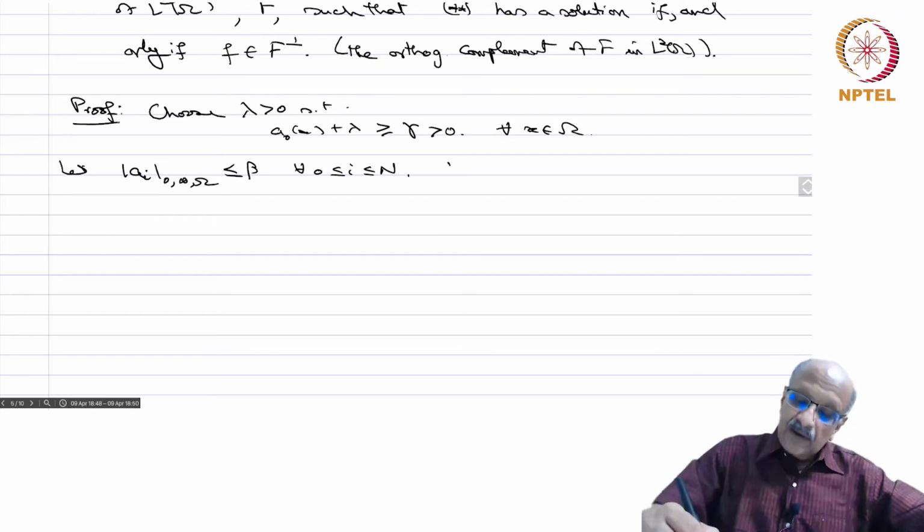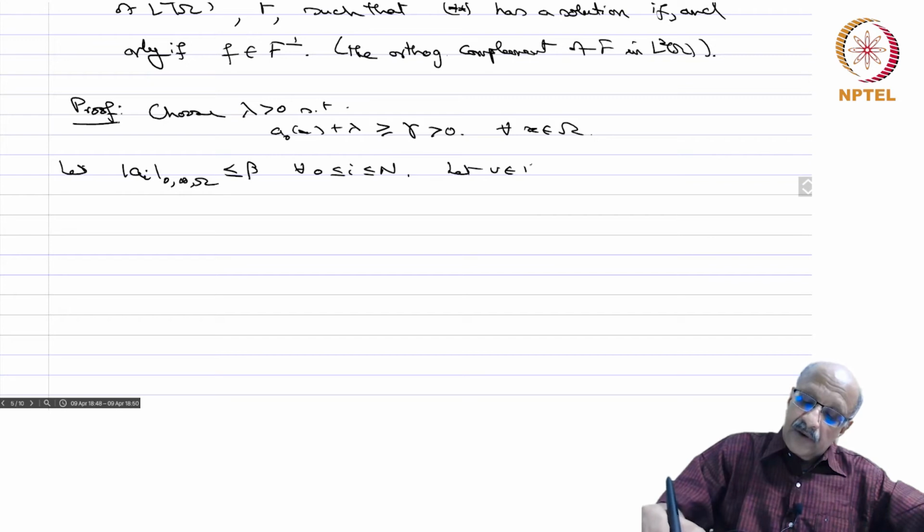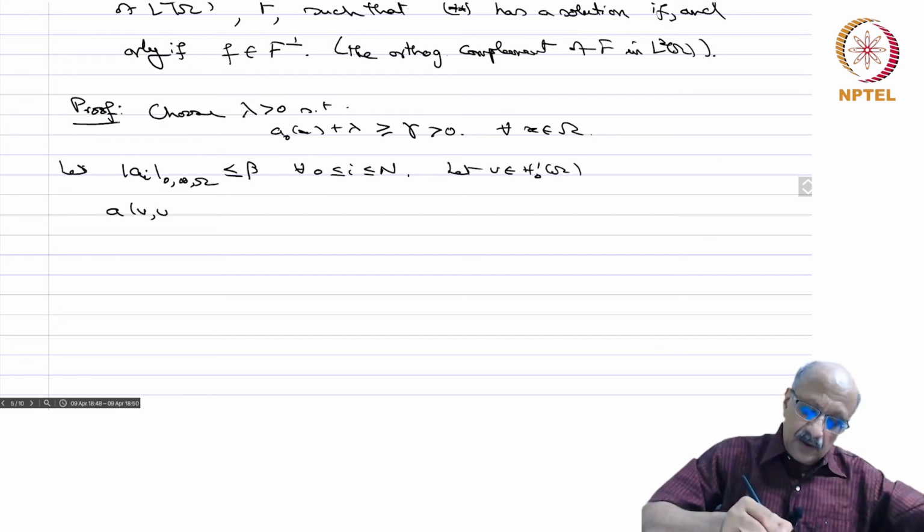Now let v be arbitrary in H10 of omega. Then you look at a(v,v) plus lambda times the integral on omega of v square dx.